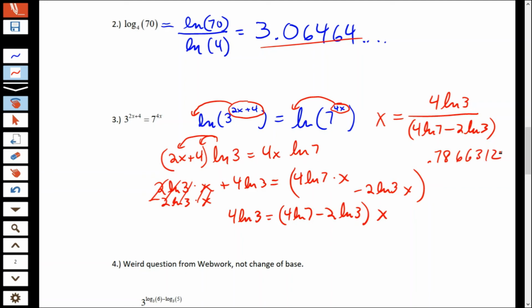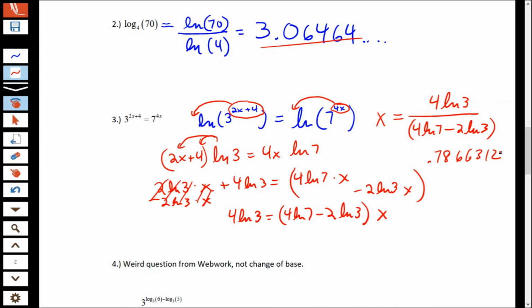Okay, if you try and plug that into the original equation, it should give you the same thing on both sides when you do that. And it does.